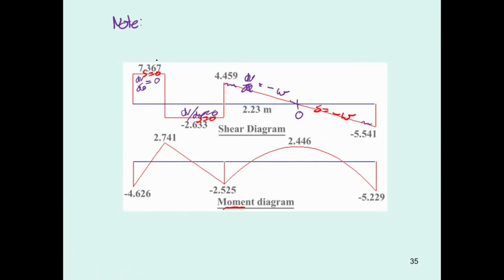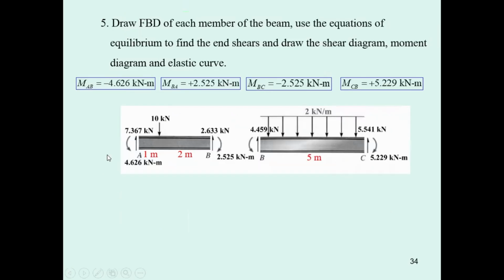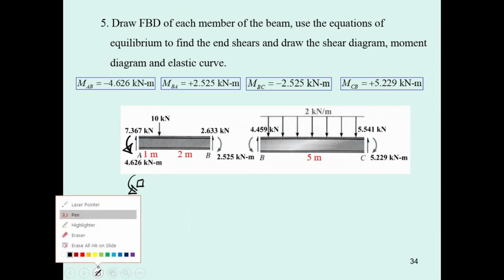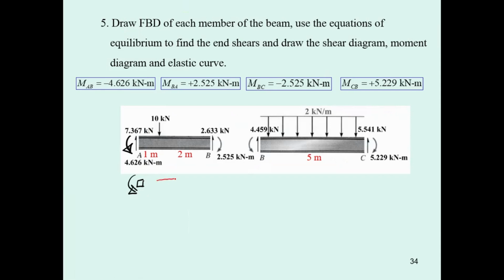Since this value is going to be up over here to be 7.367. Oh, one more thing. The moment over here is counterclockwise. If you put it, it's going to be this way. You have the sign convention. Okay, you have the sign convention.